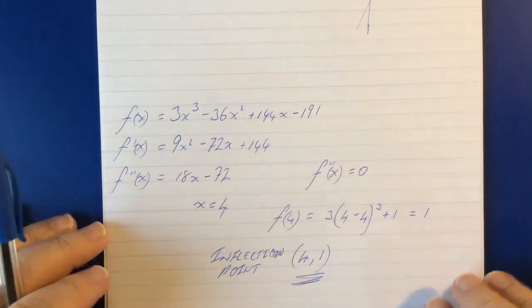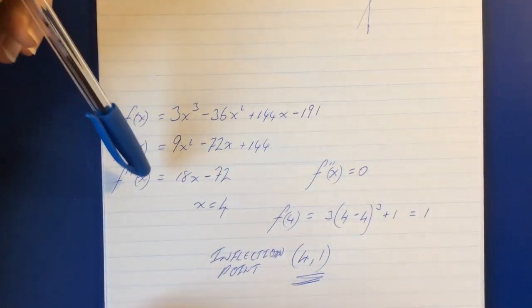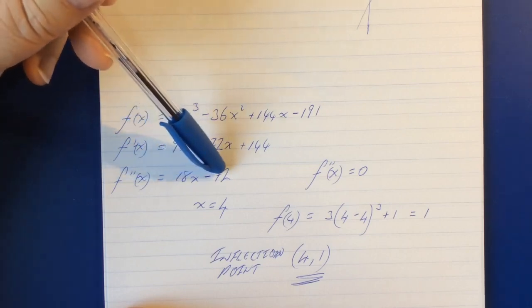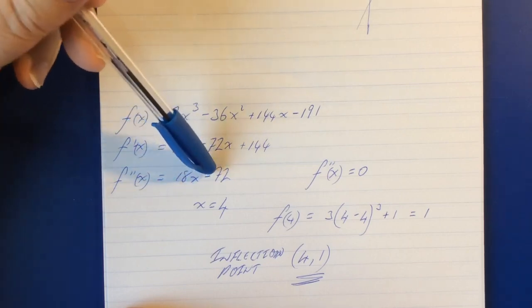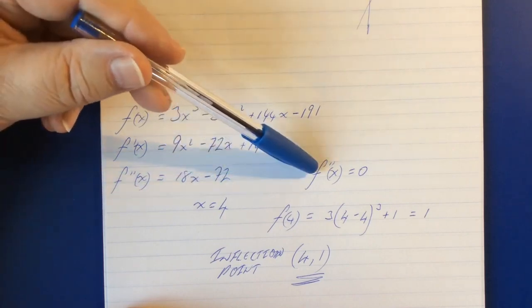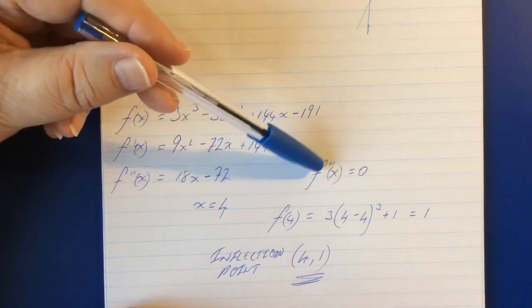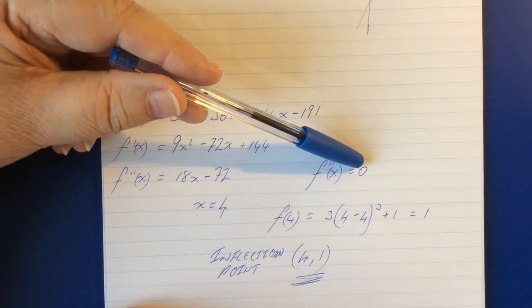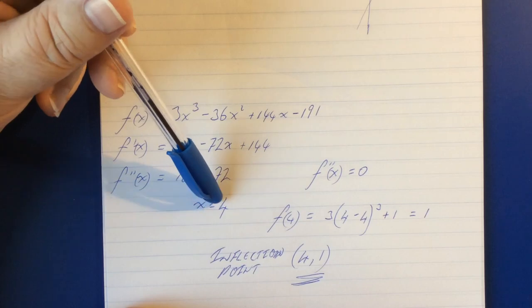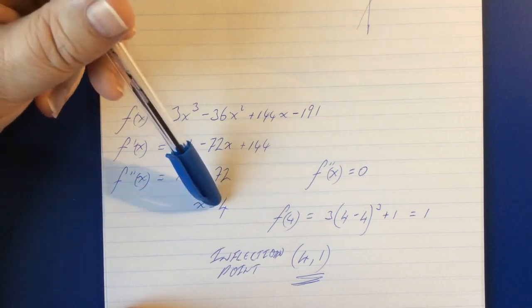If we do a second derivative, we get down to the point where we've got a linear function. If we make this linear function equal 0, if we find the value of x for the second derivative equaling 0, we have got the x value of the point of inflection.